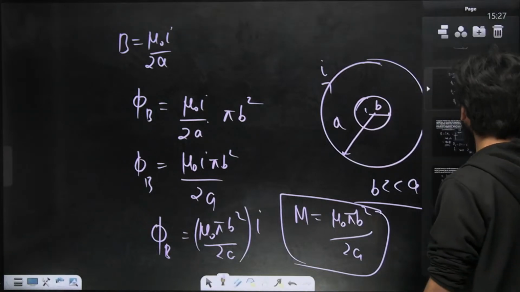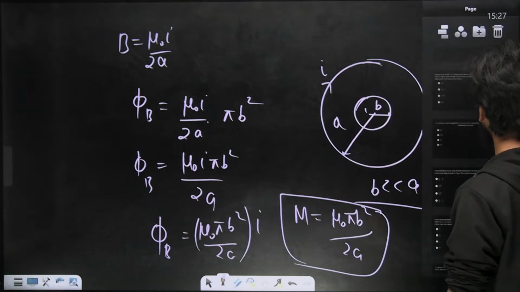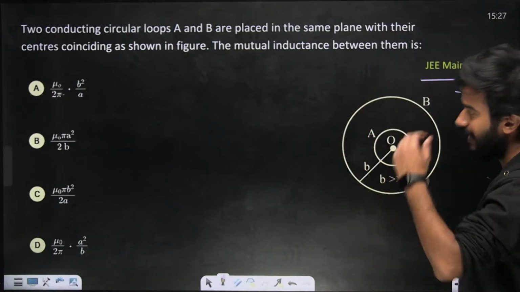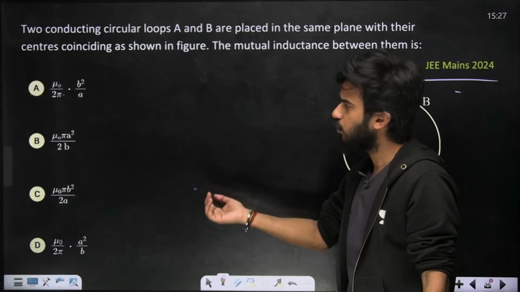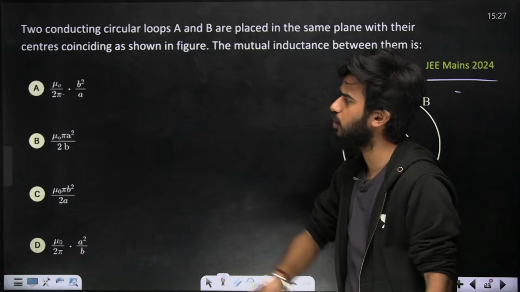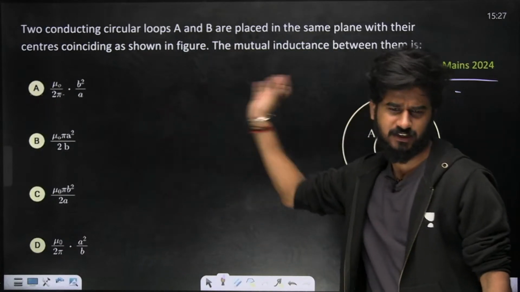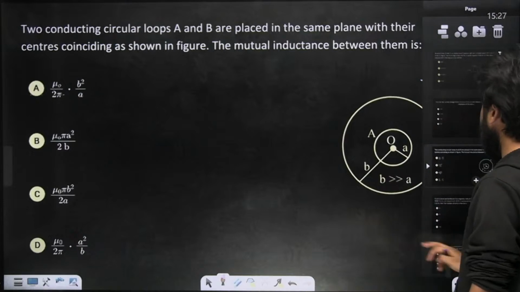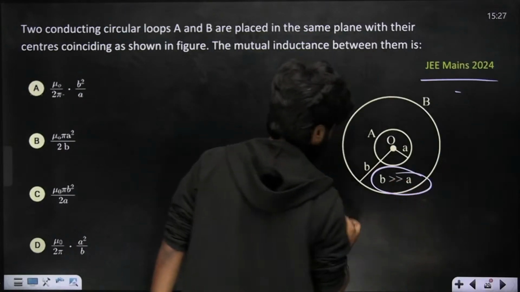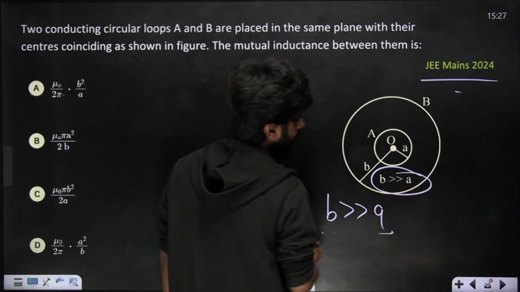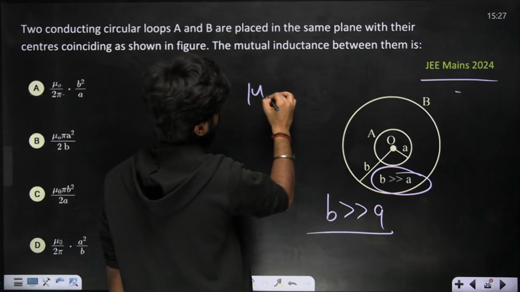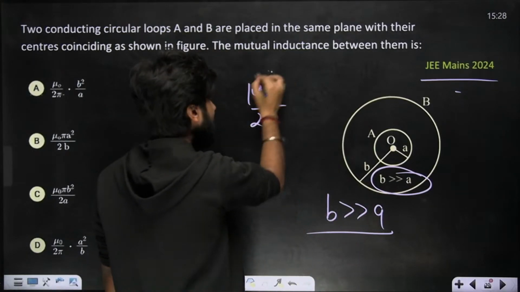So what we have done in this chapter till now. Now you can see this question. This question was asked in the JEE Main examination as well, and we have already solved this. I think the answer was something like mu naught pi A square by 2B. You can check, we have just solved it. These kinds of questions are asked regularly, and this expression signifies B is much greater than A. As I've already told you, the magnetic field is B equal to mu naught I by 2B at the center.